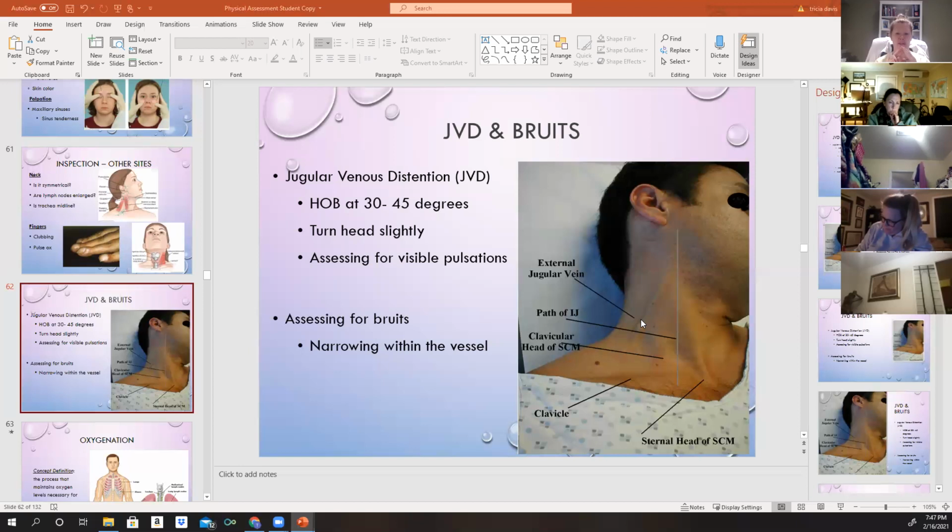So a thrill you can feel. We also do this with patients that are on dialysis and they have fistulas in their arm. That's part of your inspection. You are going to check their fistula to make sure that it has good blood flow, and you check for bruits and thrills. So thrills you feel, it's a slight vibration.